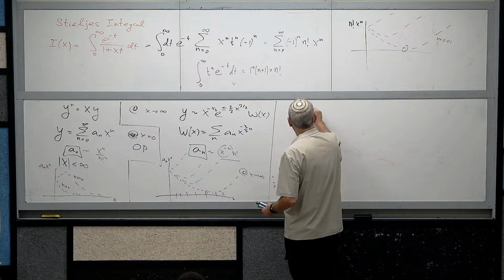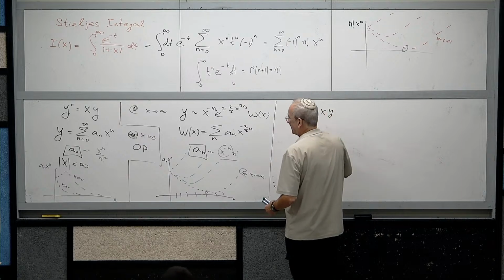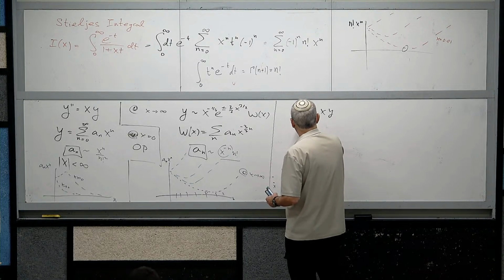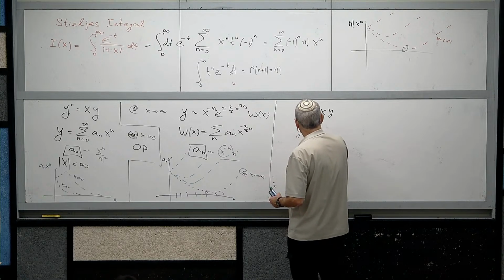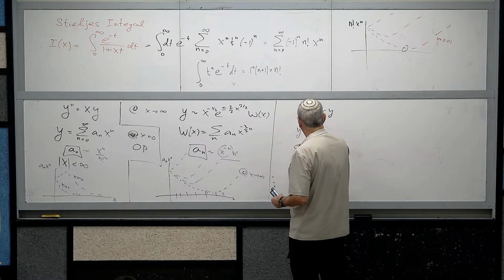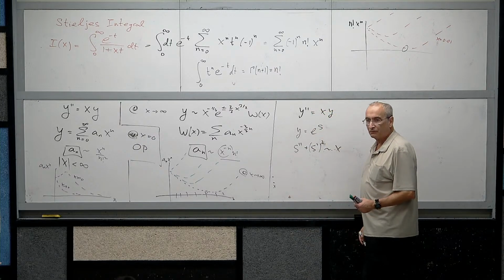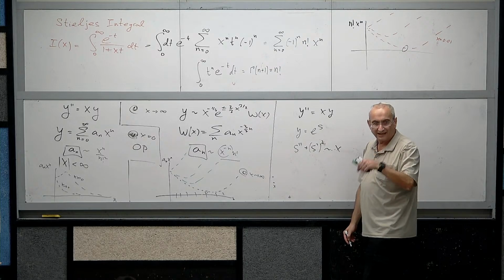Okay, let's try to see what will happen. We are going to start with y double prime equals xy, and now we write y is e to the s, so s double prime plus s prime squared is asymptotic to x, but we want x to be large and negative.